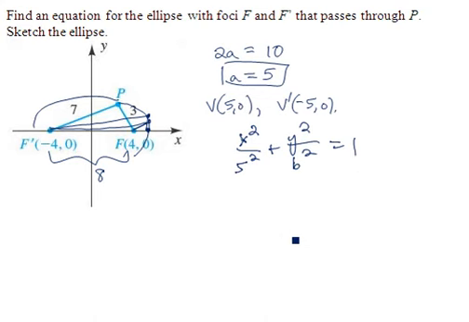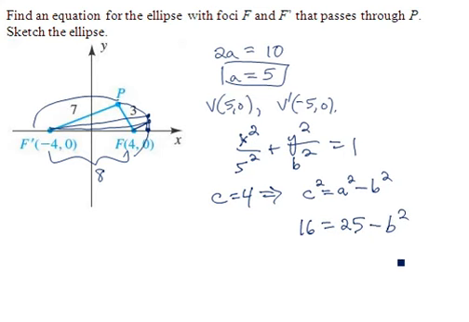We can find that a couple of different ways. We could use the fact that we know c equals 4. C is the distance from the origin to a focal point, and therefore we can write c squared equals a squared minus b squared. We know c and we know a, so we could solve for b. Let's do that real quick. So that would give me 16 equals 25, since a is 5, so a squared is 25, minus b squared.